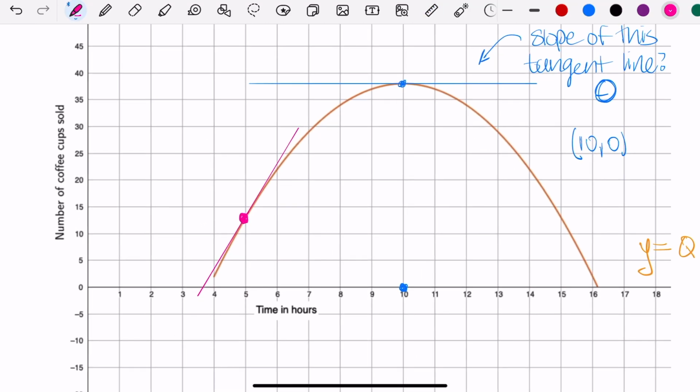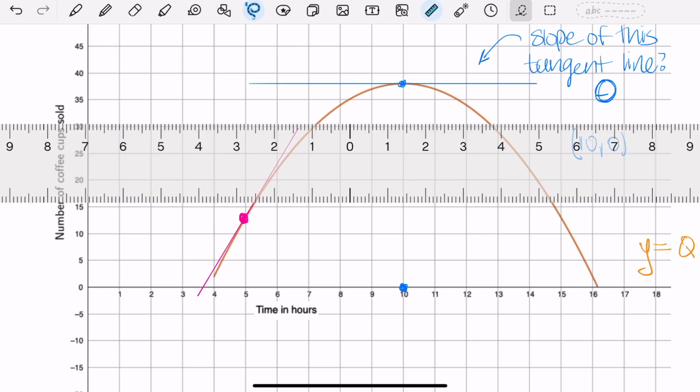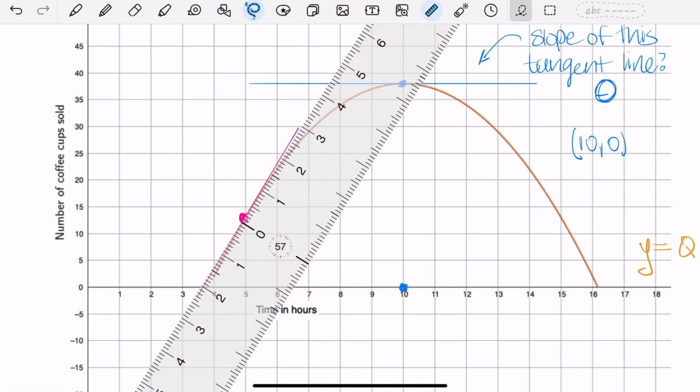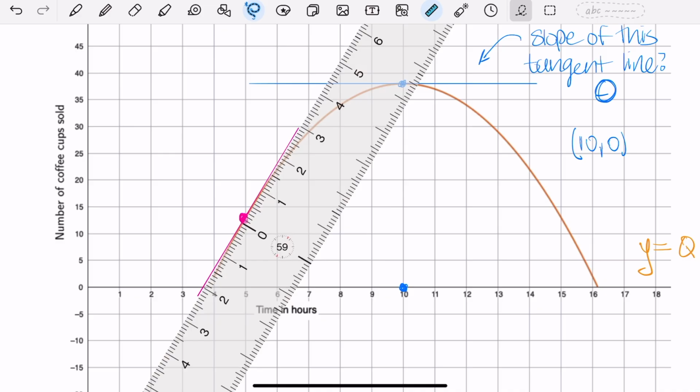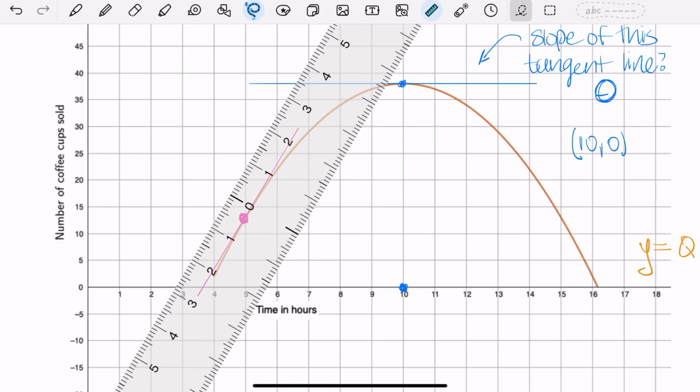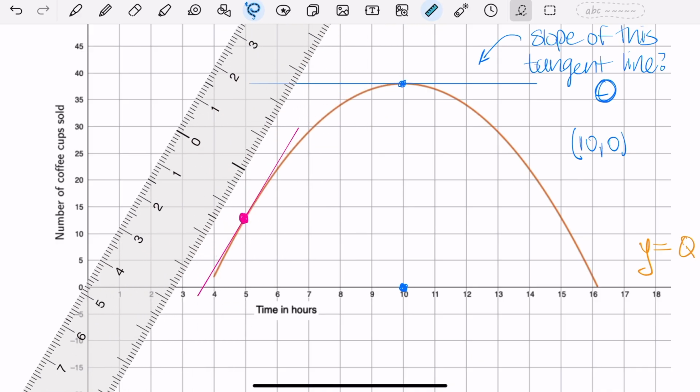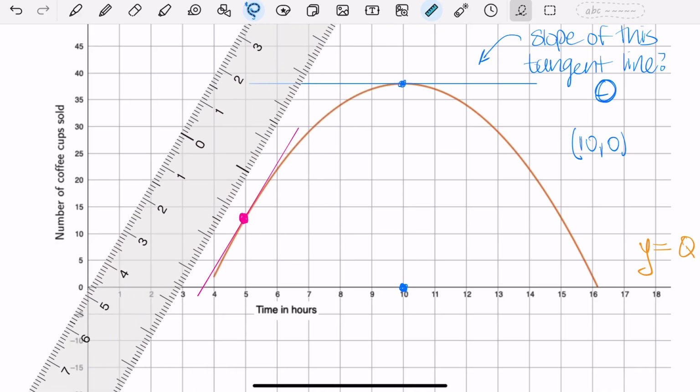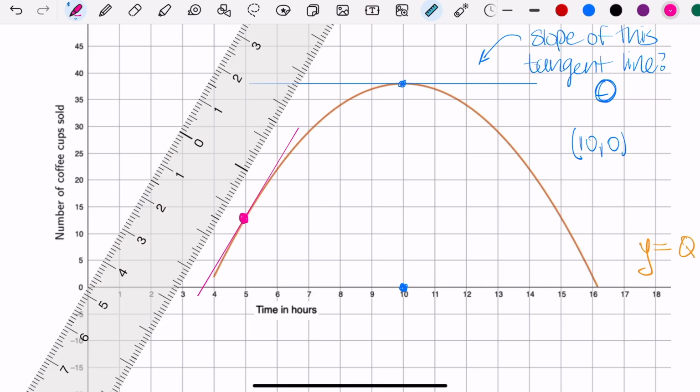So now I'm going to try to figure out what this slope is. Using my own technology, I could easily pick up this line and move it and see how it fits on a couple of points. But if you're using this on paper, you can't. What you can do is get your ruler and see how it's not quite at nice grid line intersection points. I can move it to some grid line intersection points. So this ruler has the same slope as my tangent line. Check this out right here at this point and this point.